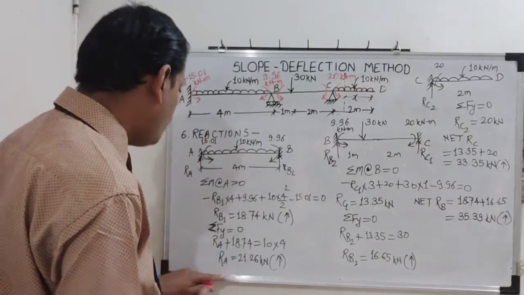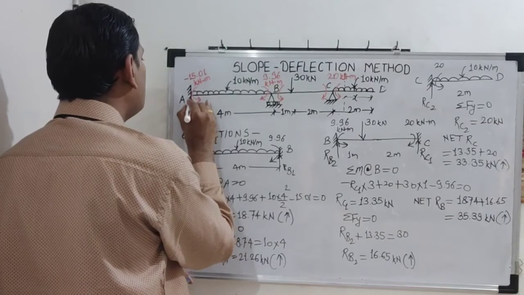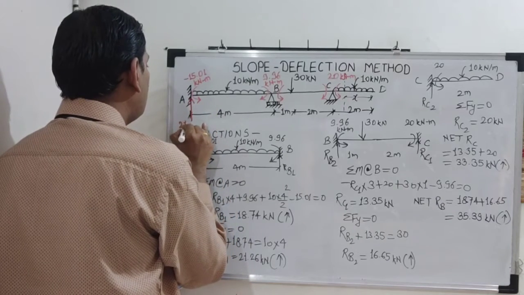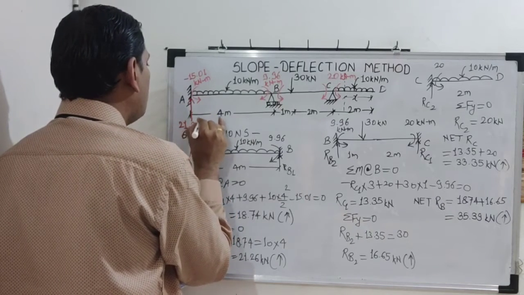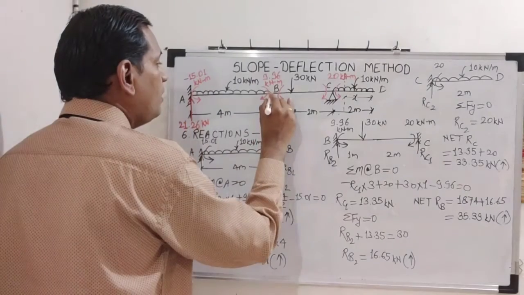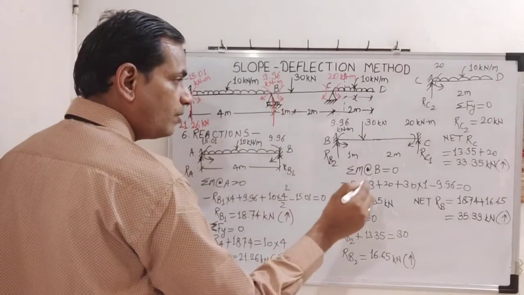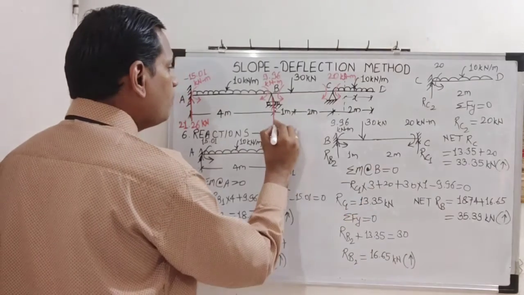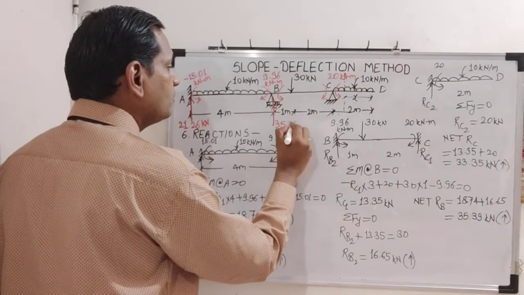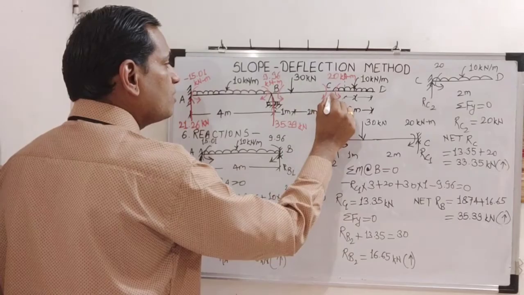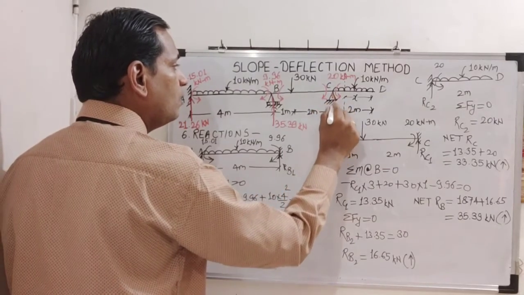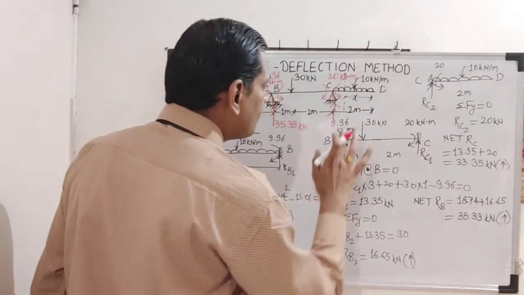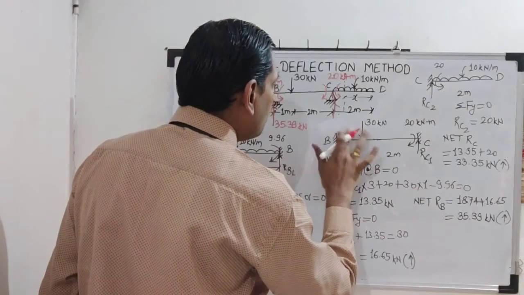Now we will show these reactions first. So RA is 21.26. It is here. Next RB. So RB is here. How much is RB? 35.39. And next is RC. How much is that? I just rub this now.